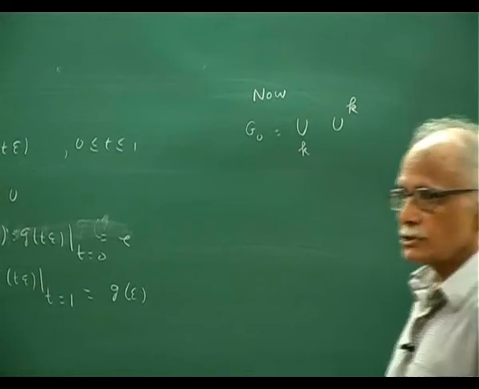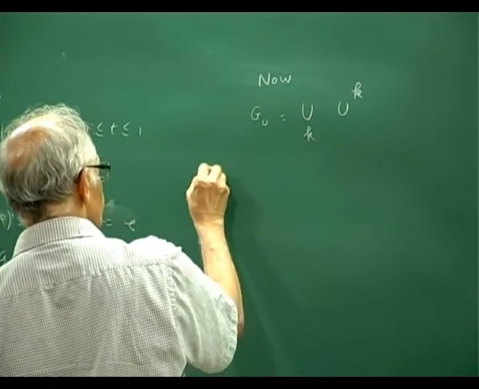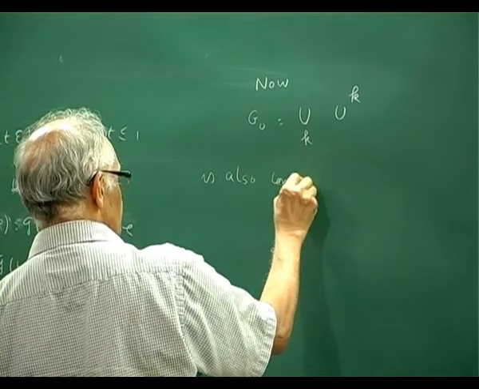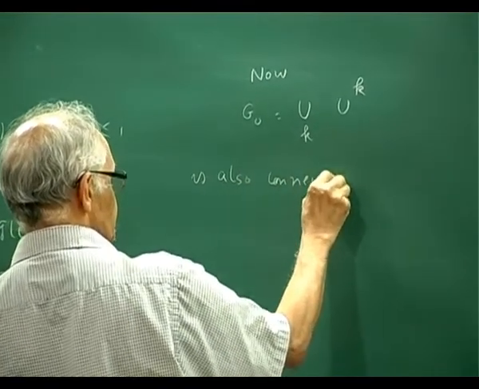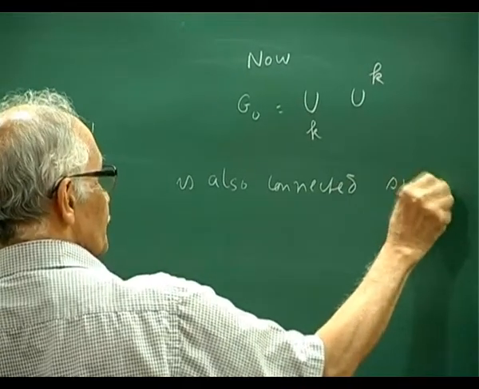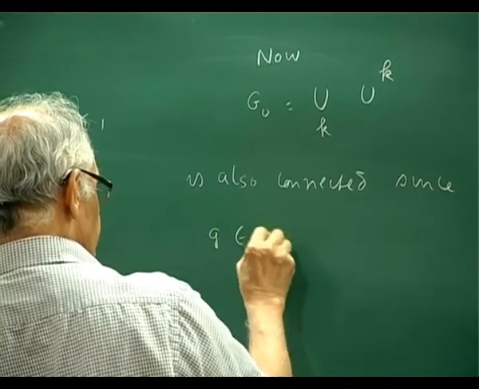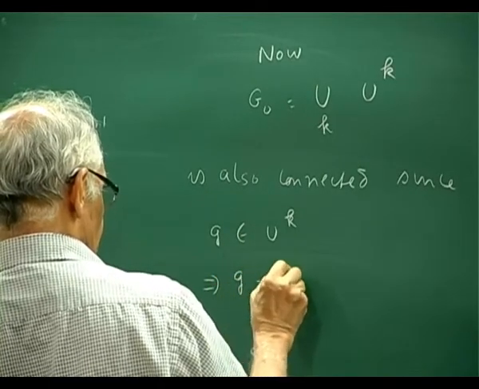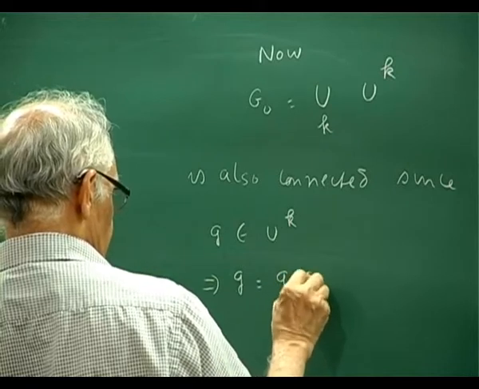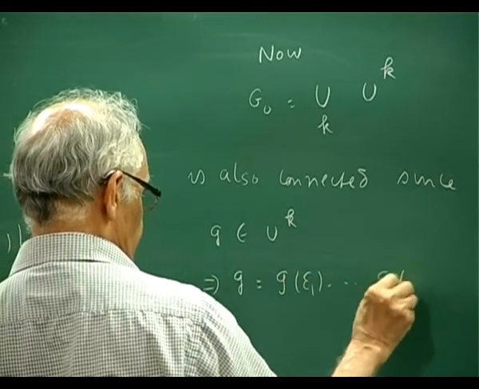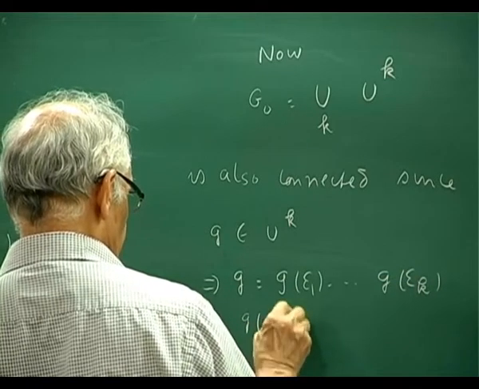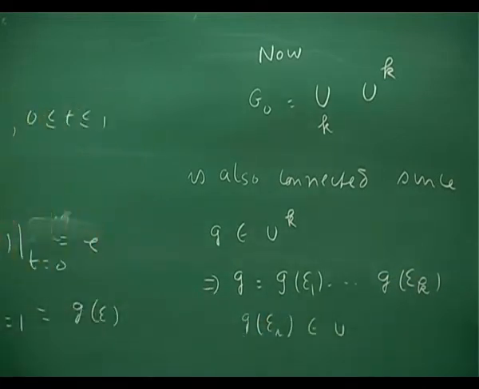It's also connected since if g is in U to the k, it means g is of the form g(epsilon 1) through g(epsilon k), where each g(epsilon i) is in U, right, by definition.